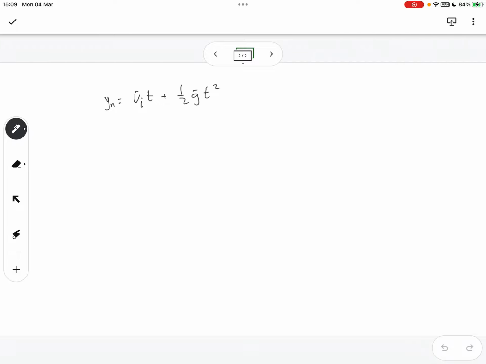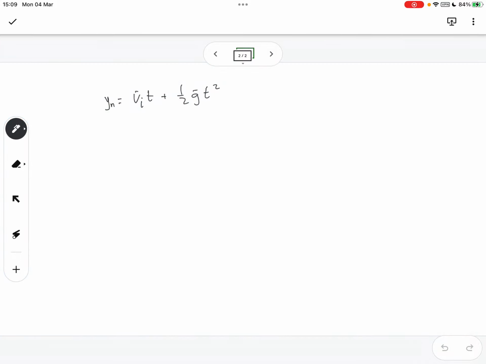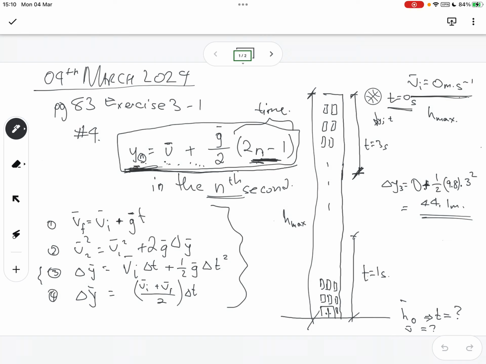2n minus 1. Time it takes to travel down would be... when you travel down like that, the time always increases in increments of 1 second, right?